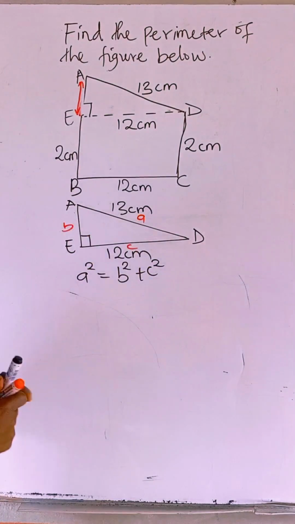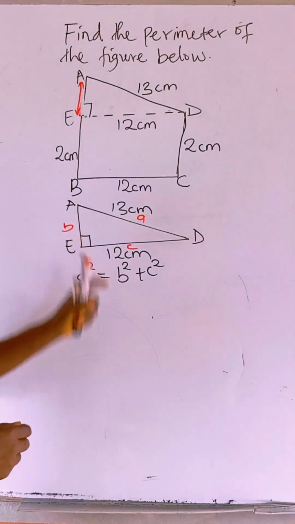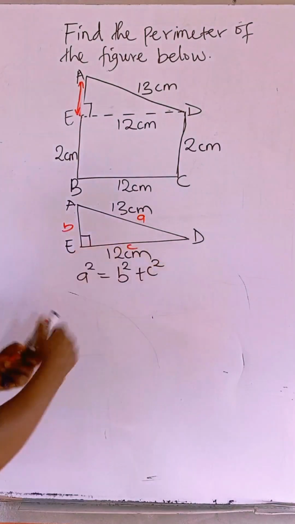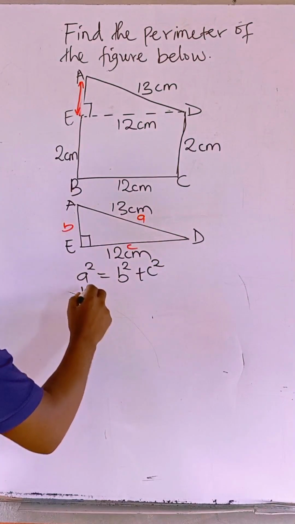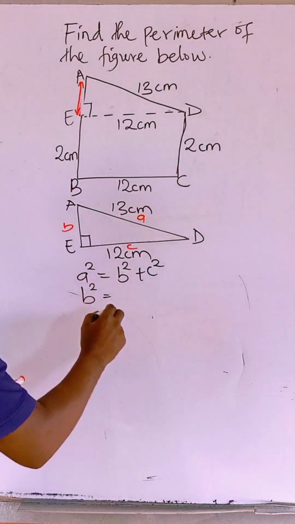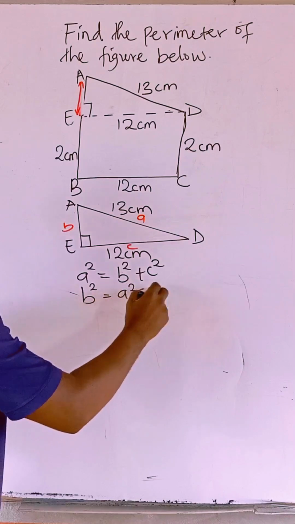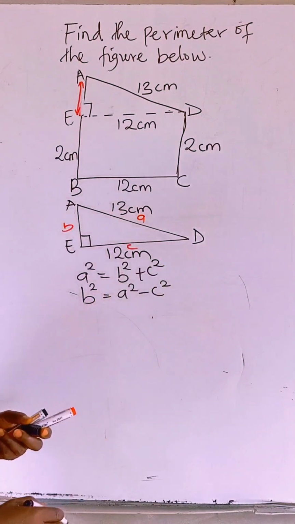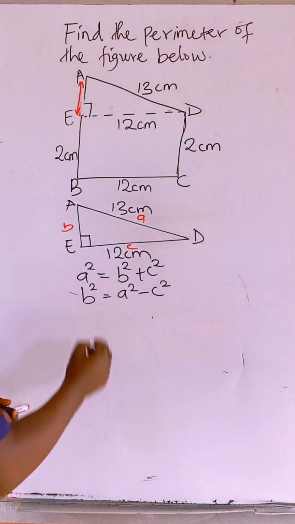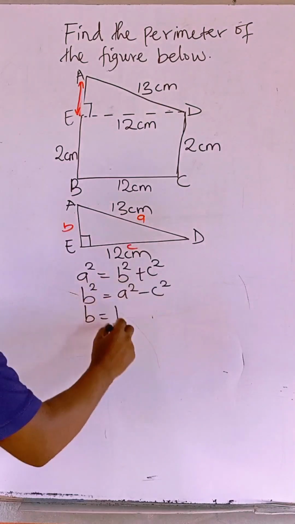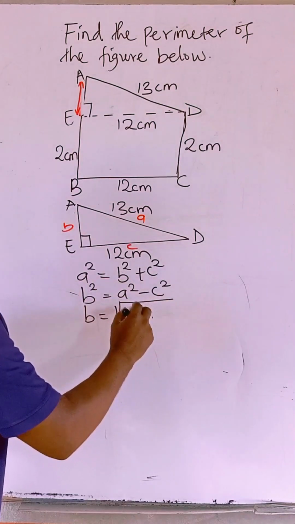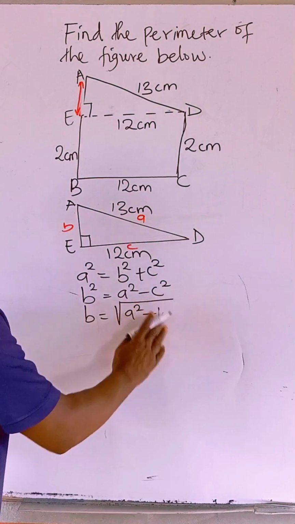We have our C, we have our A, and we are looking for B, which means we make B the subject of the formula. So B squared equals A squared minus C squared. Then, finding the square root of both sides, B equals the square root of A squared minus C squared.